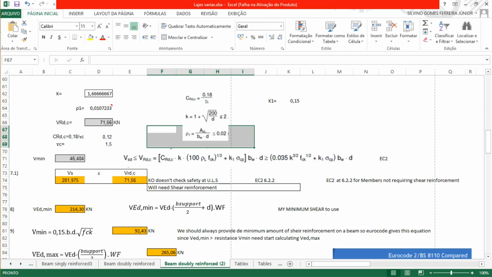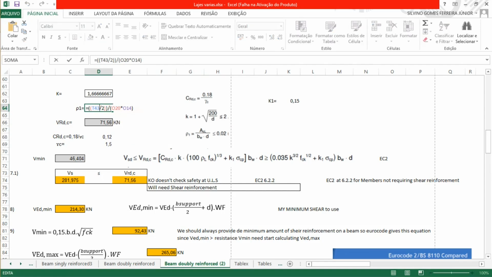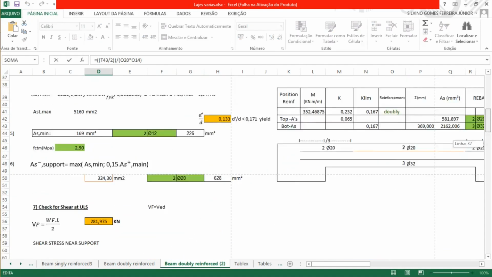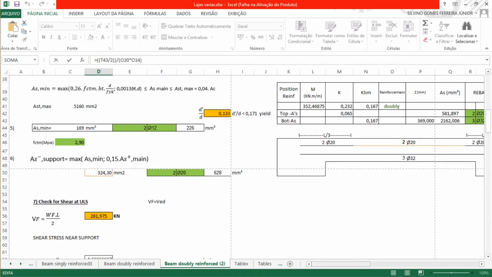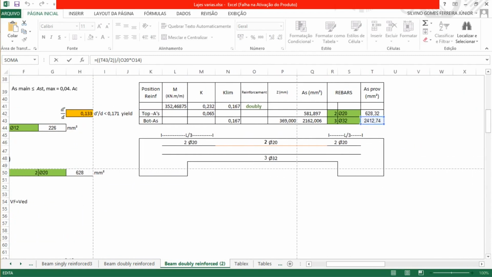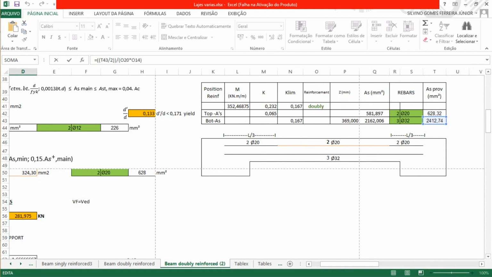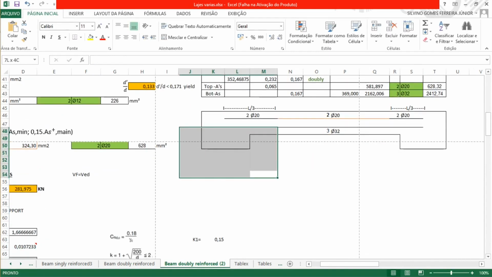It will be that area of steel divided by b multiplied by d, and we consider 50%, so it's the value we have here for the main reinforcement on the bottom divided by 2, because it's only 50% that we use here.